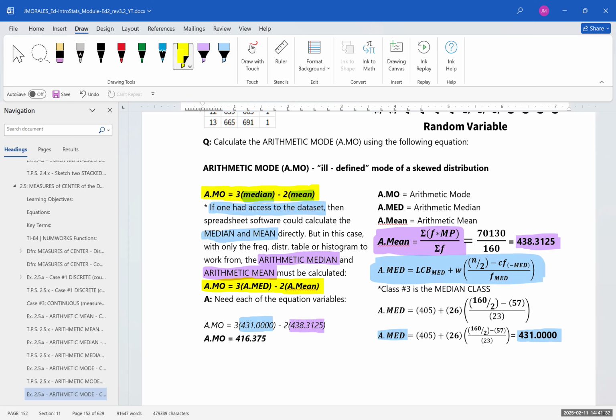And so 3 times 431 minus 2 times 438.3125 gives you an arithmetic mode of 416.375. So this equation is significantly simpler than the other ones that you've used, but you may need to use the previous two equations to get to the point where you can use this one.